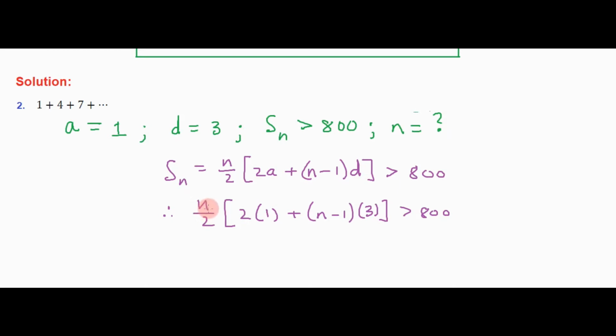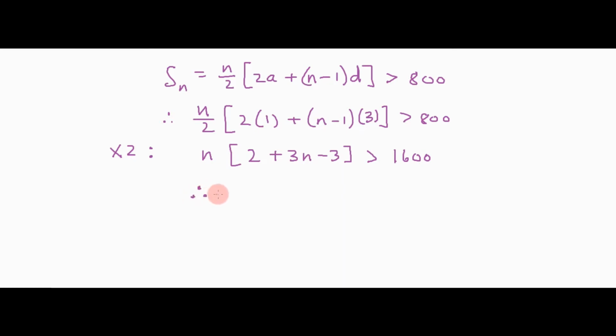We can get rid of this fraction by multiplying both sides of the inequality by 2. So multiplying through by 2, the 2's will cancel here, so we're left with n. We can also simplify inside the square brackets. And multiplying the right-hand side by 2 as well gives us 1,600.